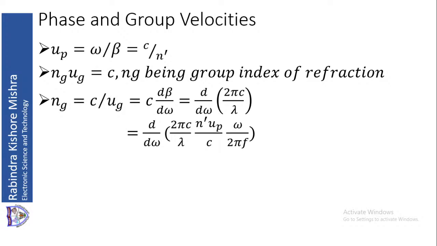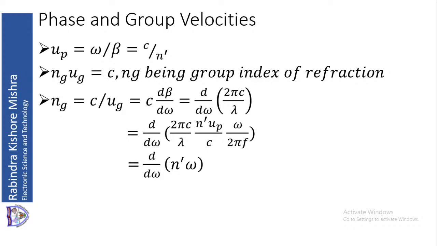That into 1. Now n dash upon c is equal to omega by 2 pi f. So we can write n dash upon c into omega by 2 pi f, so that will make it 1. Now you can put that value also here easily. n dash is equal to c beta by omega. So put c beta by omega for n dash, c cancels out, then the other terms cancel out accordingly, so already you get 1.